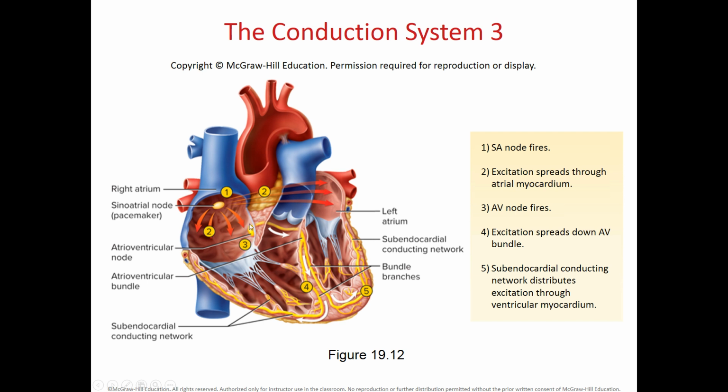Then they will reach the atrioventricular node or AV node, and from the AV node the excitation will travel into the AV bundle, which is this. And then the AV bundle will divide into the right and left bundle branches that reach the apex of the heart, and then these will extend up into the walls of the ventricles, forming what we call the Purkinje fibers.